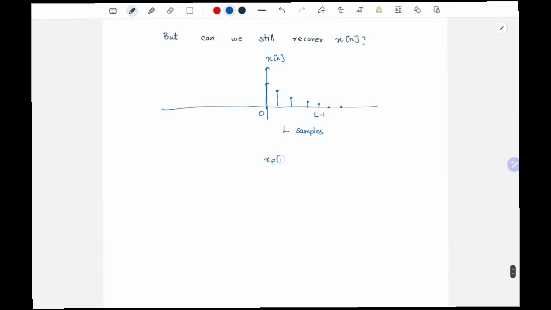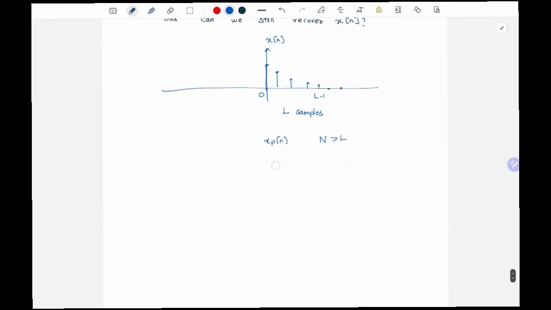So if we say xp of n for N greater than L, what will I have? I will have this thing repeated. So 0 to L minus 1 and some zeros, and again at N it will start to repeat. So this will be N plus L minus 1, again some zeros, then again at 2N it will start again.